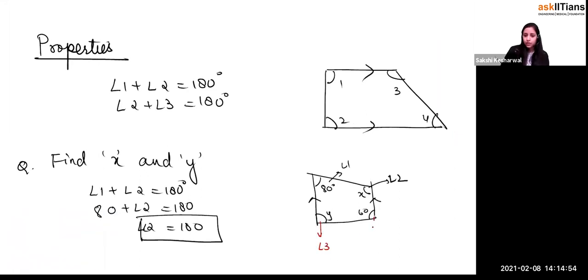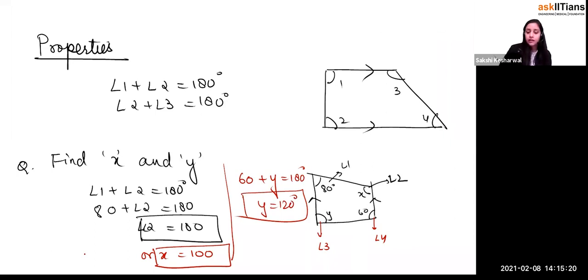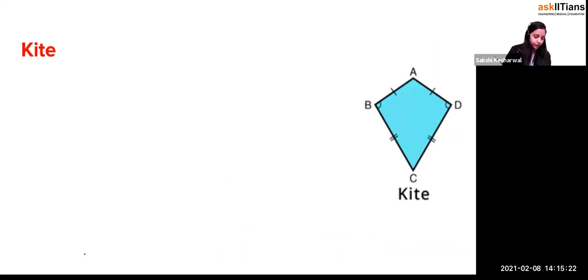This is angle 3 and this is angle 4. If this is 60 degrees, 180 minus 60 will be 120 degrees. So x is equal to 100 degrees and y is equal to 120 degrees. That's it. So never go by the figure the way we made it, because we have not drawn the figure to scale. Go by the definitions very carefully, right?